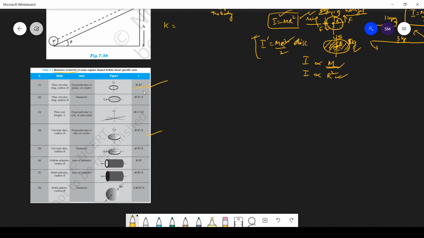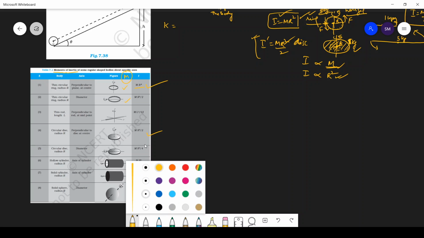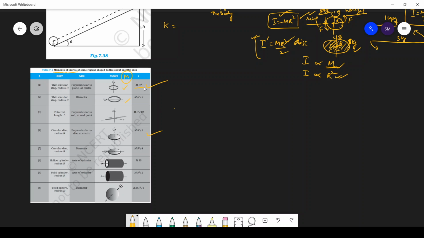All the bodies have same mass m, but the axis of rotation is different. So here both are rings, both have same radius r, but you can see that their moment of inertia is different.